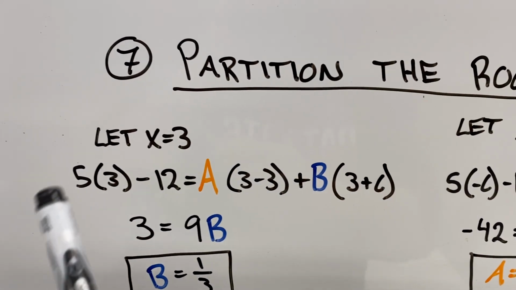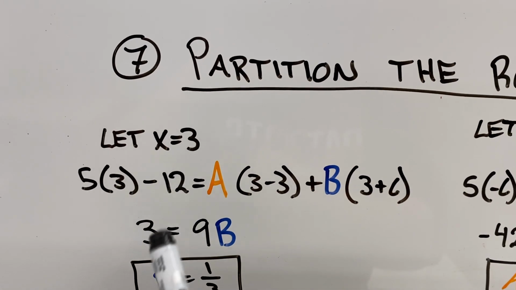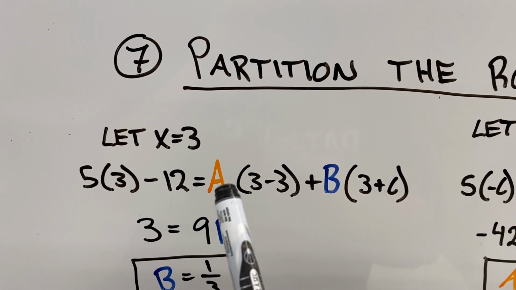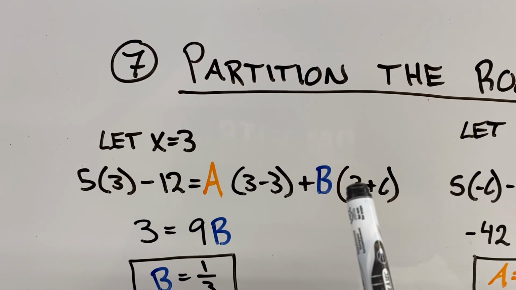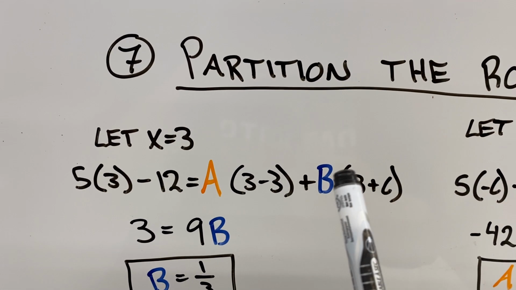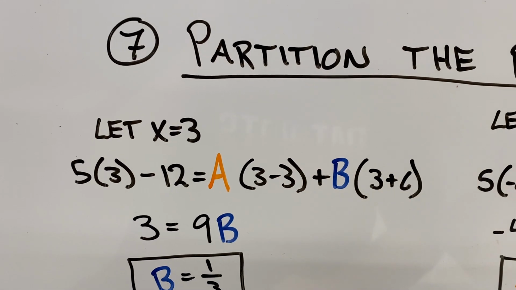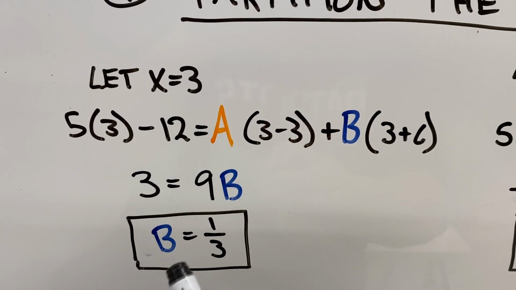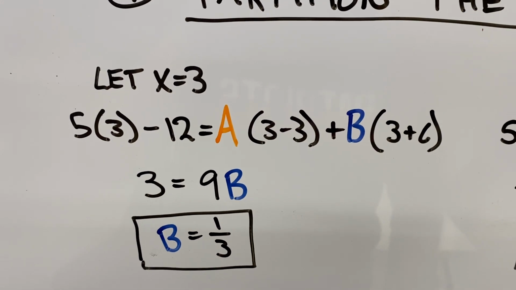Let's simplify. 5 times 3 is 15, minus 12 is 3. This is 0, so A drops out. And 3 plus 6 is 9, so 3 is equal to 9B. Basic algebraic operation here, divide both sides by 9, B is equal to 1/3.